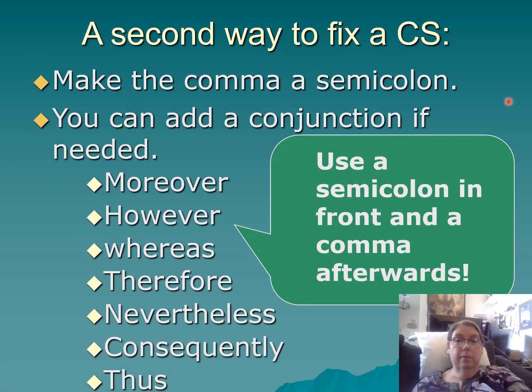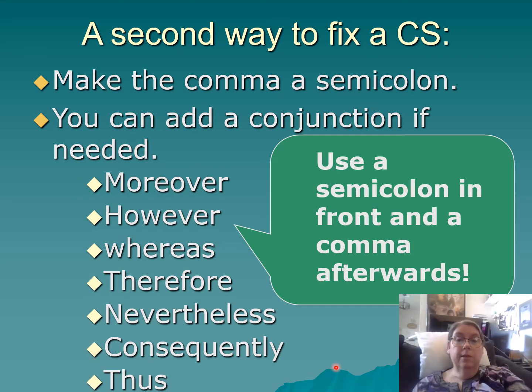Another way to fix a comma splice is to turn the comma into a semicolon. And a semicolon is just a period over a comma. And then you can add a conjunction if you want with that semicolon. Don't use fanboys. You would use one of these kind of conjunctions to join them together with a semicolon.